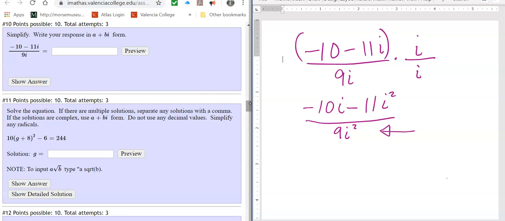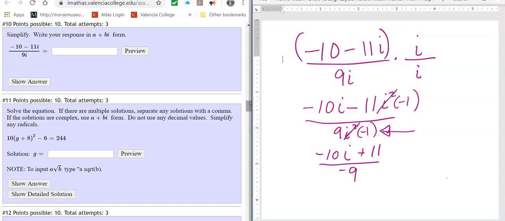This is where we're trying to rationalize the denominator, which means no i's allowed. Well, that's okay, because we know i squared is really -1. You can substitute. So I'm going to do it both places. So I ended up with -10i plus 11 divided by -9, sorry.